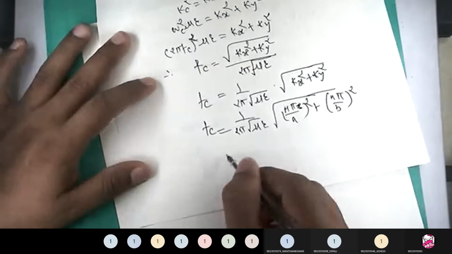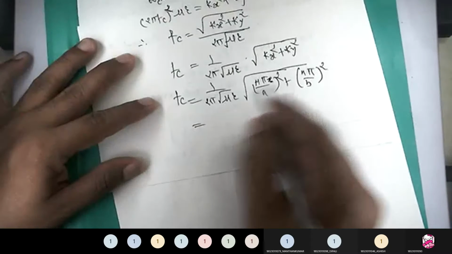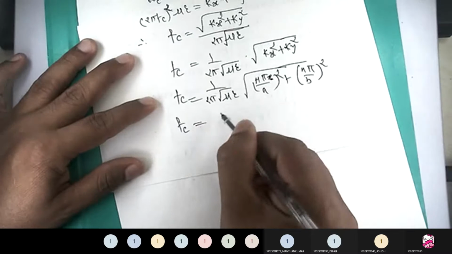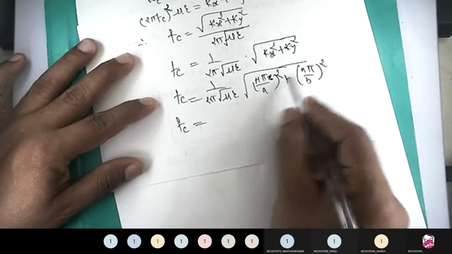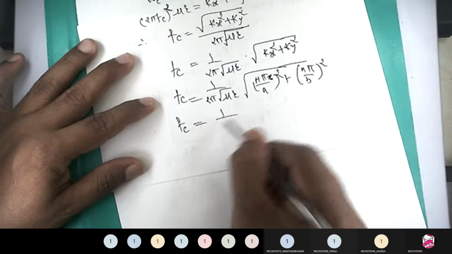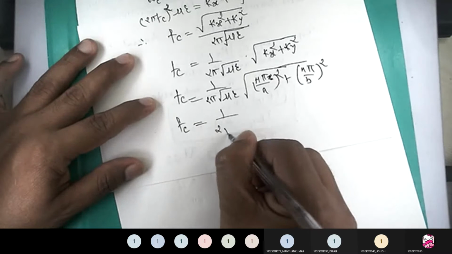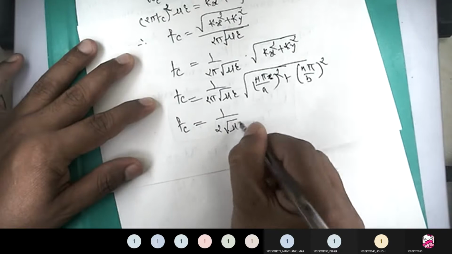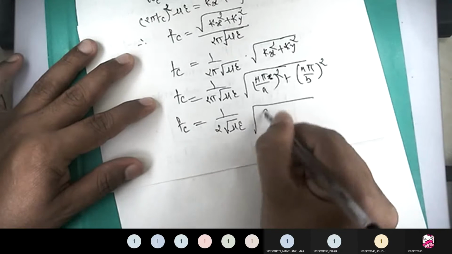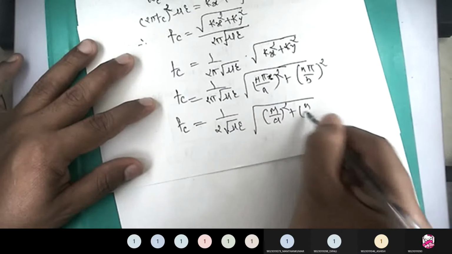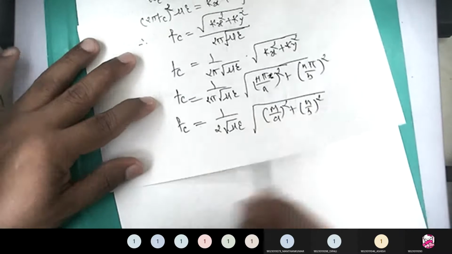Let me take this pi outside, then it becomes pi square and the square root, so pi will cancel. So ultimately fc becomes 1 over 2 square root of mu epsilon, times square root of (m by a) whole square plus (n by b) whole square.